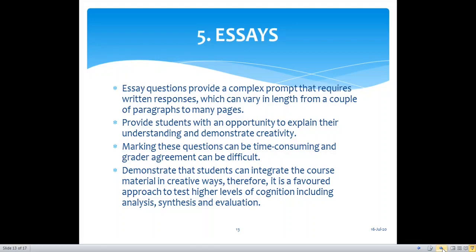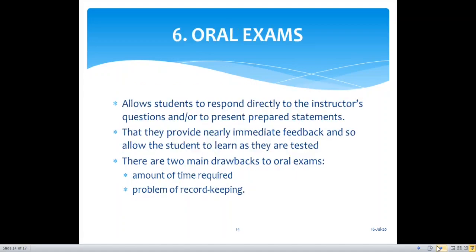Making these questions can be time consuming and grading agreement can be difficult. It demonstrates that students can integrate the course material in creative ways. Therefore, it is a favored approach to test higher levels of cognition, including analysis, synthesis, and evaluation.